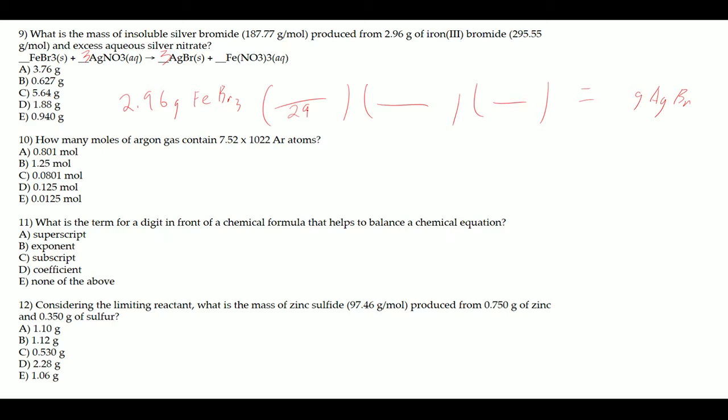Molar mass of iron bromide, I'm told, is 295.55 grams per 1 mole of FeBr3. There's 1 mole of FeBr3 per 3 moles of silver bromide. And the molar mass of silver bromide I'm given for free.